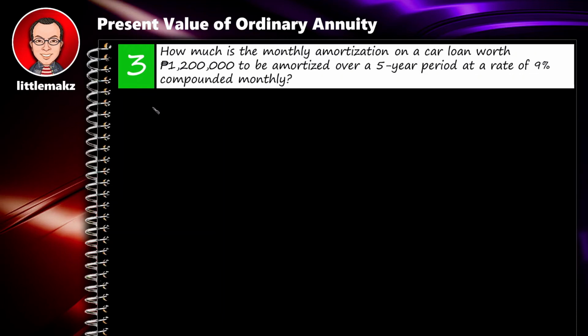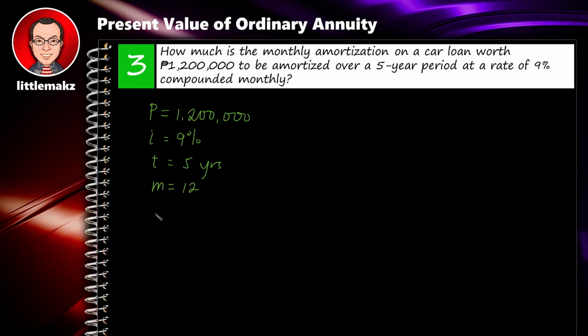Therefore, that value, 1,200,000 pesos, is our present value. So P here is 1,200,000. Your interest rate is 9%. Time is 5 years. M is 12.